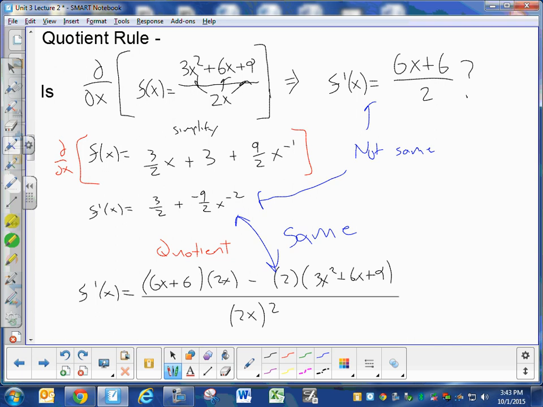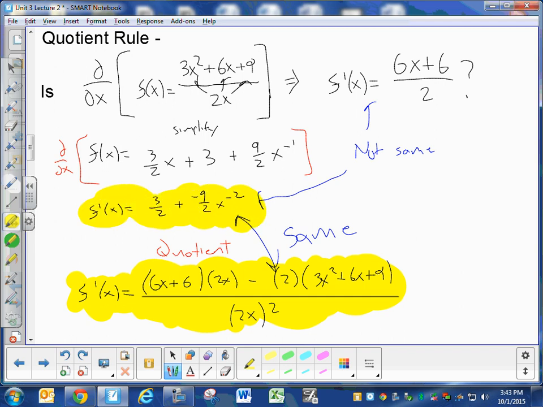If you plug in values for x into this, you will get the same values if you plug in x's into that. And what I will tell you is that both answers are completely correct. You can list a derivative off like this, and that's correct. You can list a derivative off like this, and that's correct. Yes? On the AP test, do you know which one we're more likely to see?